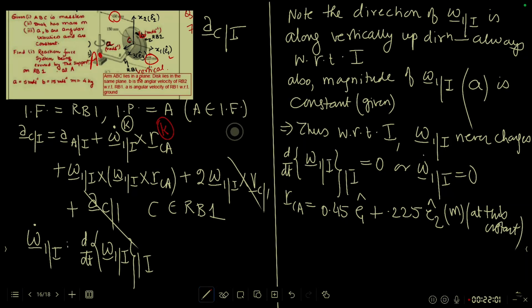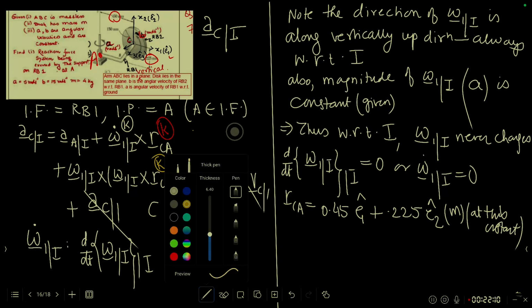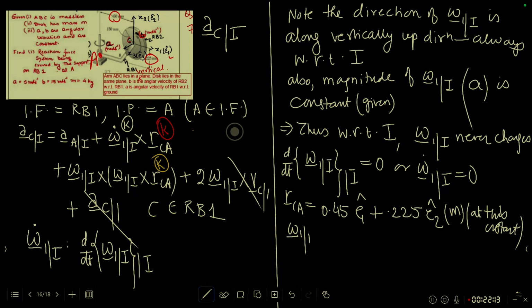RC is a known vector. Omega 1I is of course known. I should have actually processed this before omega 1 dot I. Omega 1I is A times E hat, where E hat is the vertically upwards vector, and that is at this instant nothing but A times E2.